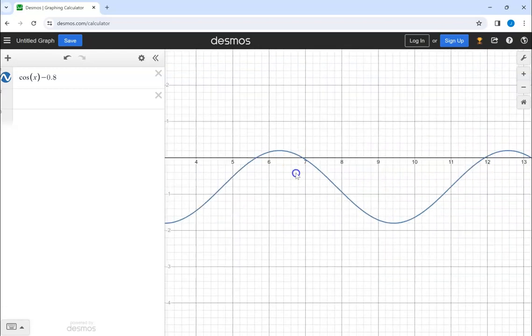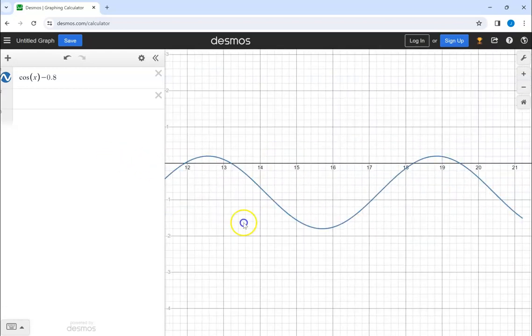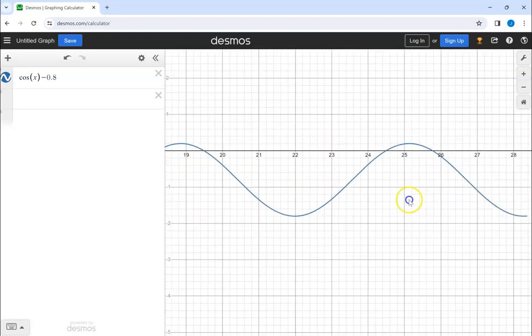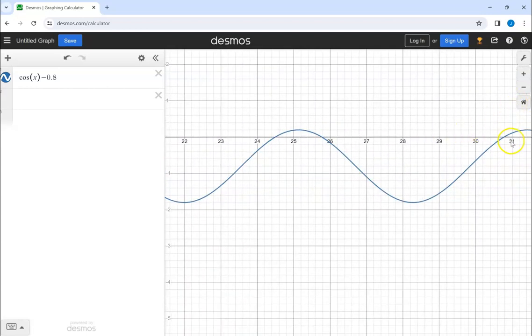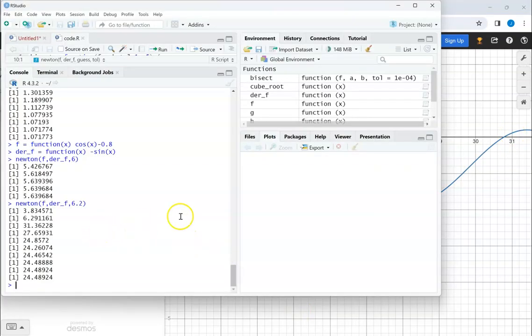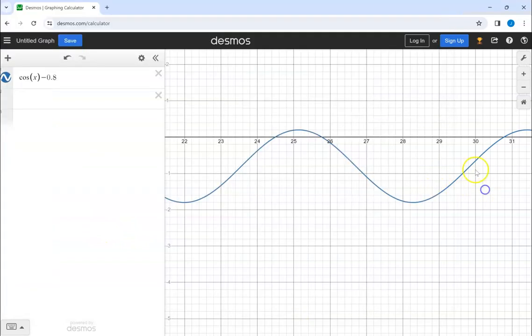So it shoots all the way over to here, right? And then it got a little bit better. It went to 27, which is here. And then eventually it honed in on that root, didn't it? 24 point something.